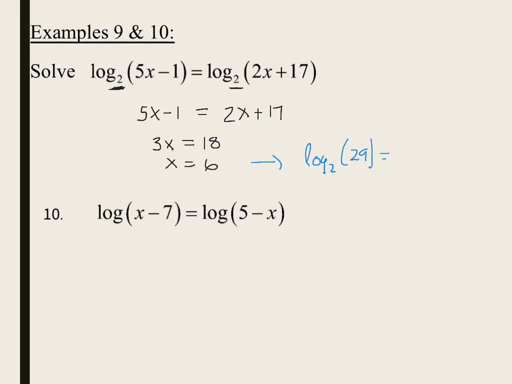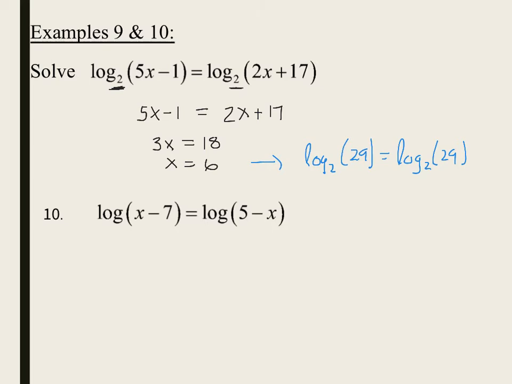And now if we do it on the other side of the equation, we get the log of 6 times 2, which is 12, plus 17 is 29. Well, those are equivalent statements.